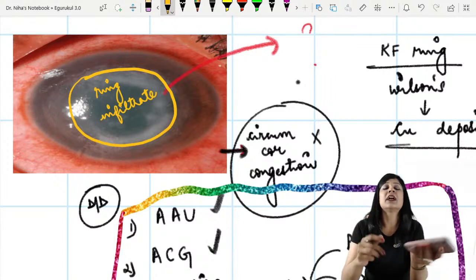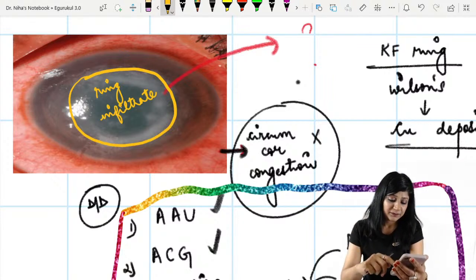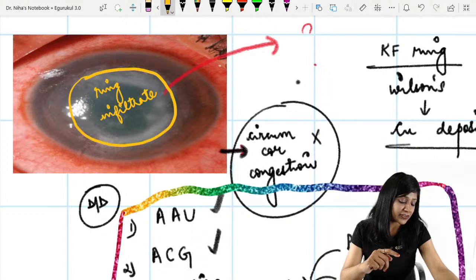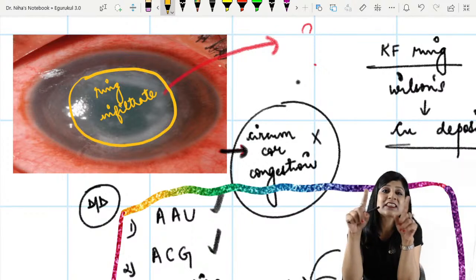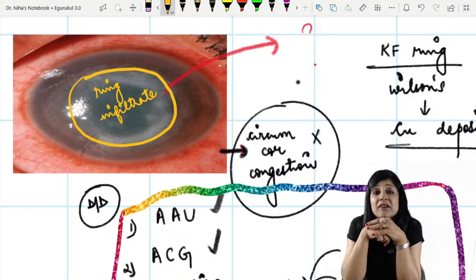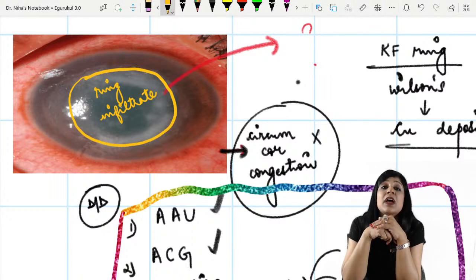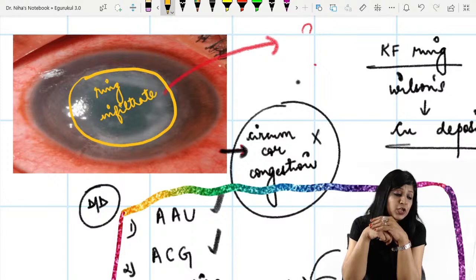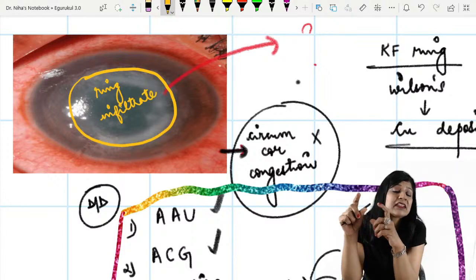Where do you get it, Gokula? Tell me now. Yes, Gokul Krishna will tell me what it is. This is a ring infiltrate. Where do you get a ring infiltrate? Because again you can get this question: you have a ring infiltrate in the person, you have the circumcorneal congestion. So where do you get this ring infiltrate?